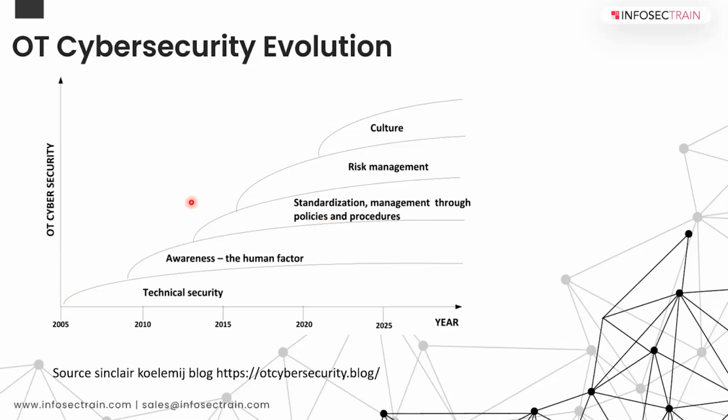Then we have various guidelines, good practices, standardization that has happened. Risk management concepts, especially when we talk about OT cybersecurity. Like in IT, we have the ISO 27000 series of standards, frameworks. NIST also has a cybersecurity framework. Then we have information security management systems for auditing and so on.